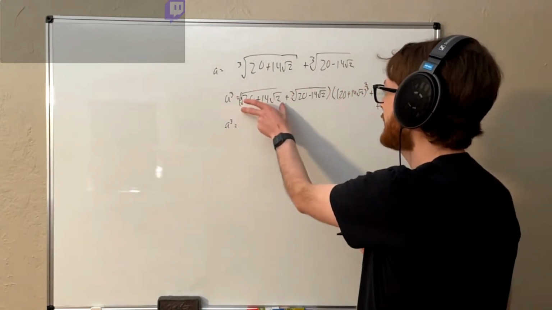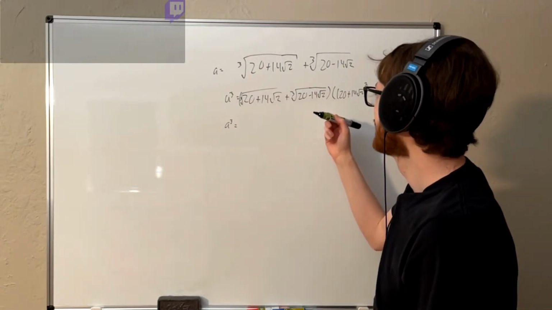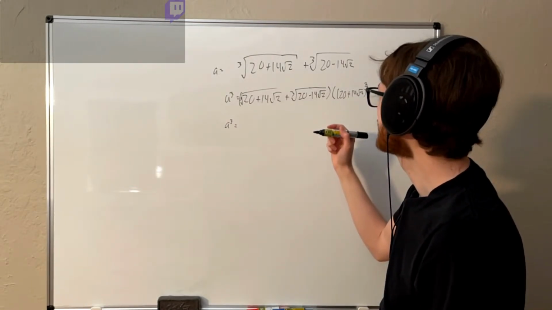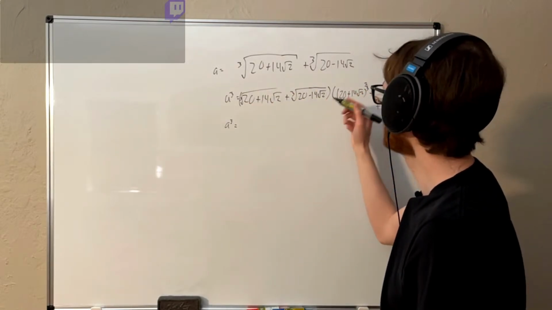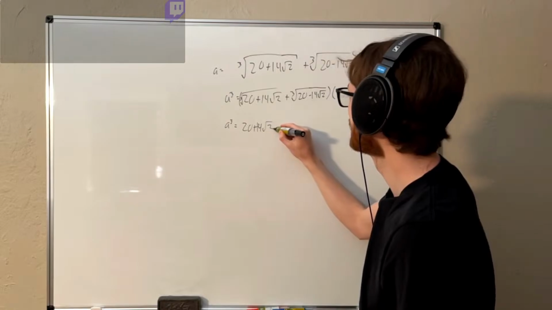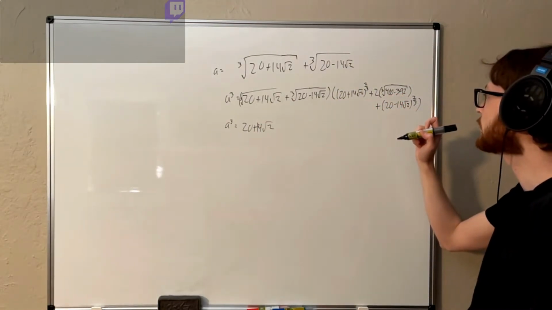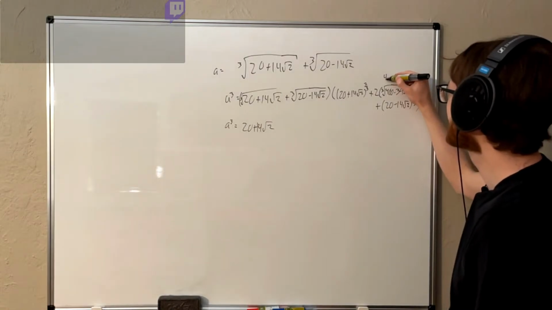So we're going to take this, multiply it in here, here, and here. That's to the 1/3, that's the 2/3. So you get just 20 plus 14 root 2, this times that. That's 400 minus 392, which is 8, so the cube root of 8 is 2, so this is really 4.